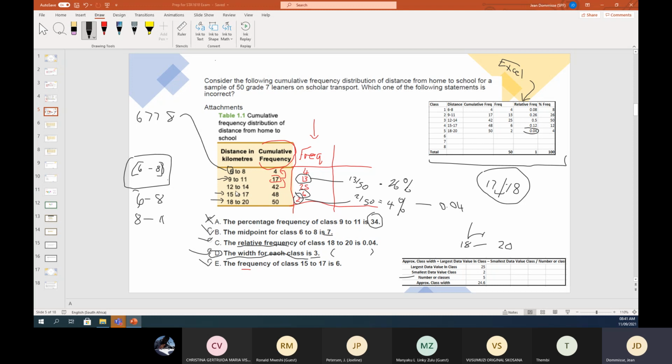But this is on discrete, so I don't even know if I saved it. So you can see this is in pure kilometers, so they don't take 6.5 kilometers or 8.5 kilometers. It is 6, 7, or 8, 9, 10, or 11, 12, 13, 14, 15, 16, 17.